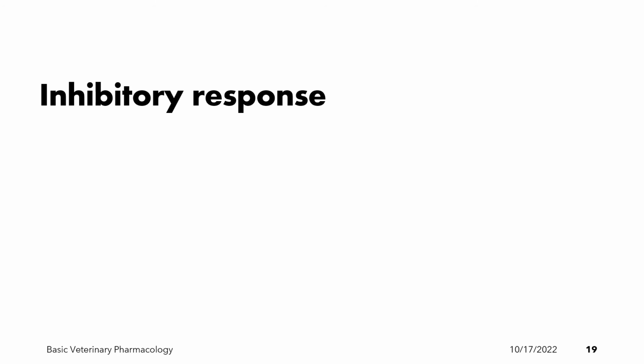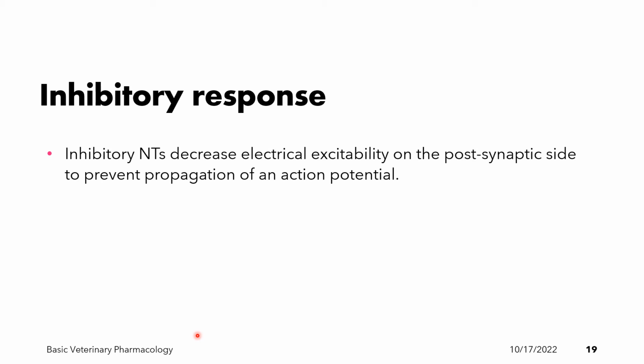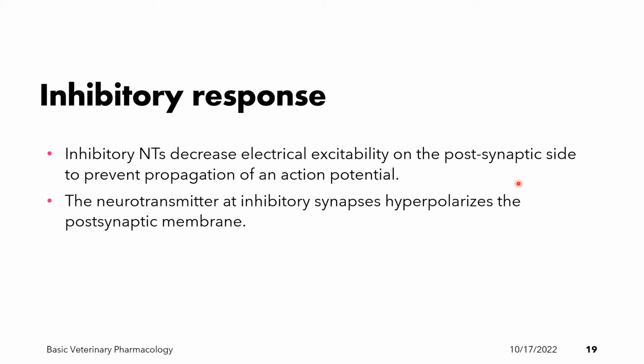So what do we mean by inhibitory response? This involves the inhibitory neurotransmitters. These will block or prevent the chemical message from being passed along the nerve fiber towards another cell. These neurotransmitters will hyperpolarize the postsynaptic membrane.